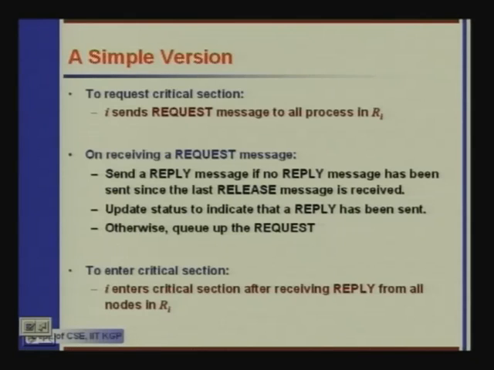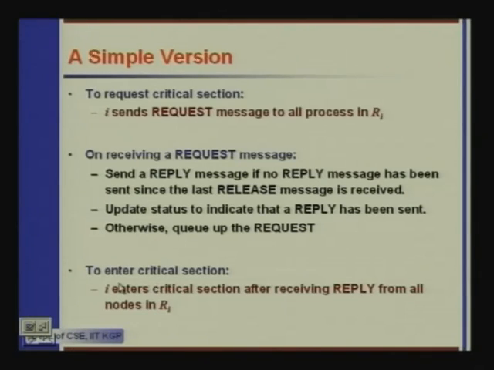So, the reply message is the one which gives the permission, and once you give the permission to somebody, you cannot give the permission to another process until the release has been received.